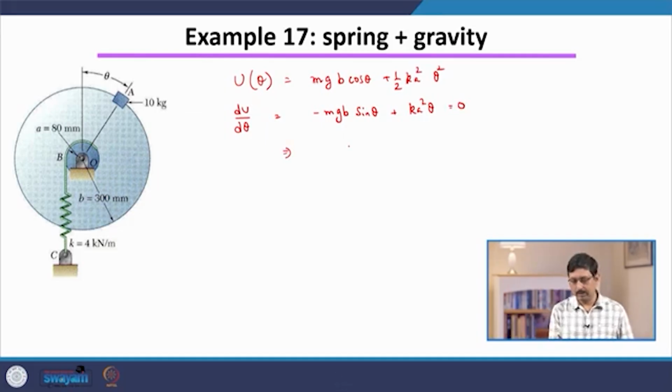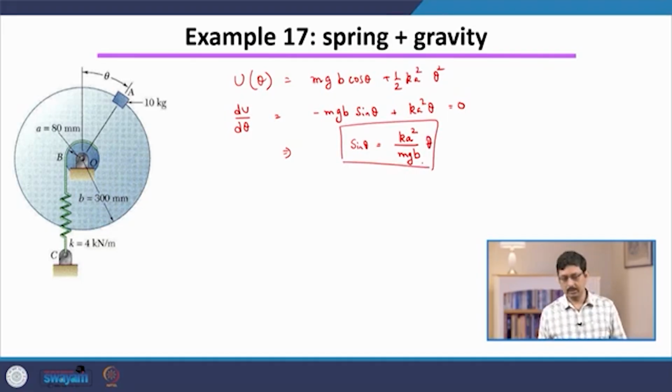Then we get the equation sin theta equal to k a square divided by mgb times theta. So, this is an equation. Now, this equation is non-trivial in the sense that we have to solve it numerically.